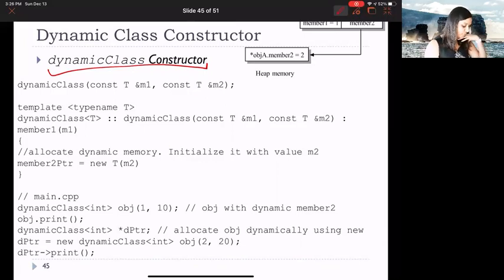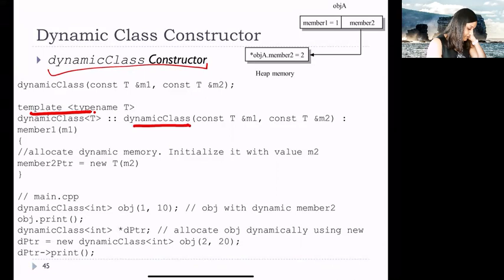So we are using a template, and we are using a constructor because we are using the same name as that of the class. The name of this constructor is the same as that of the class, so this is a constructor, that's how we know that.